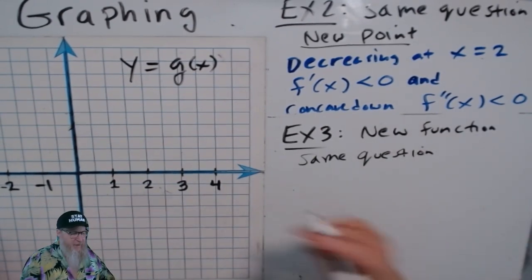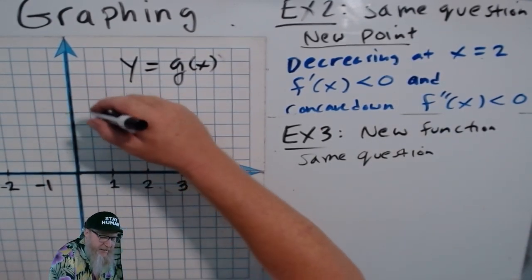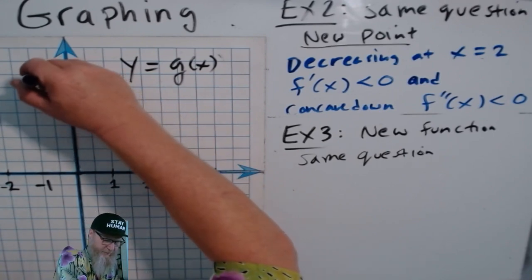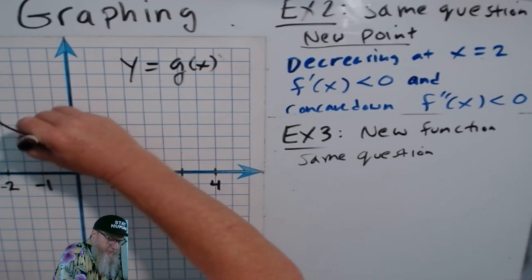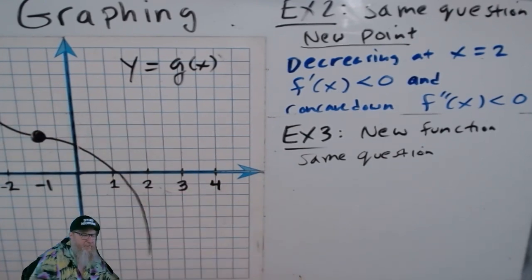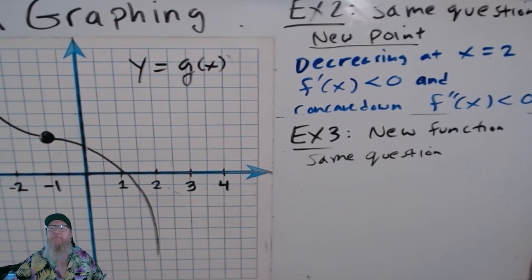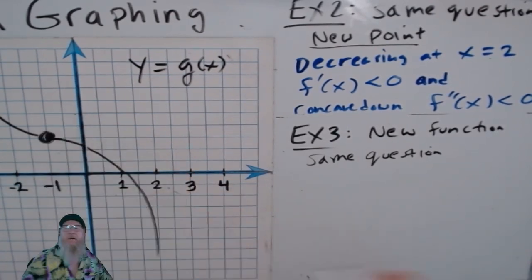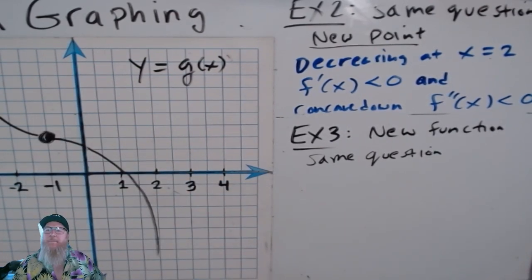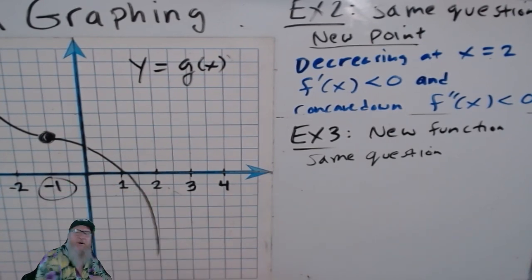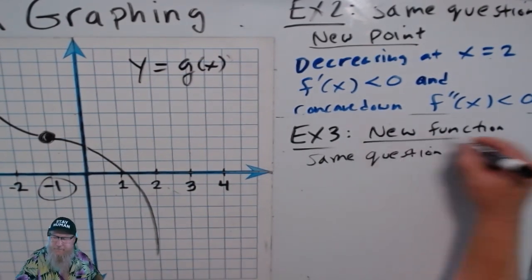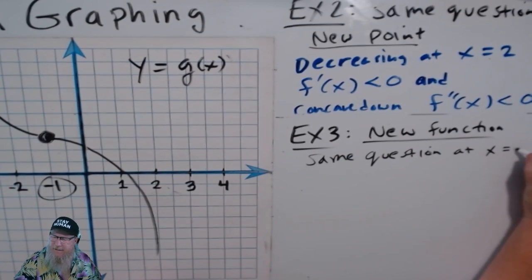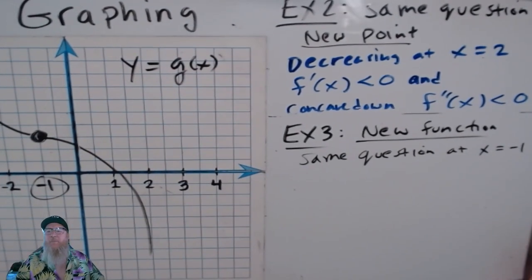So let's do g of x, something like that. So just the facts. So this time our x value is -1. So x equals -1. What do we know about the function?